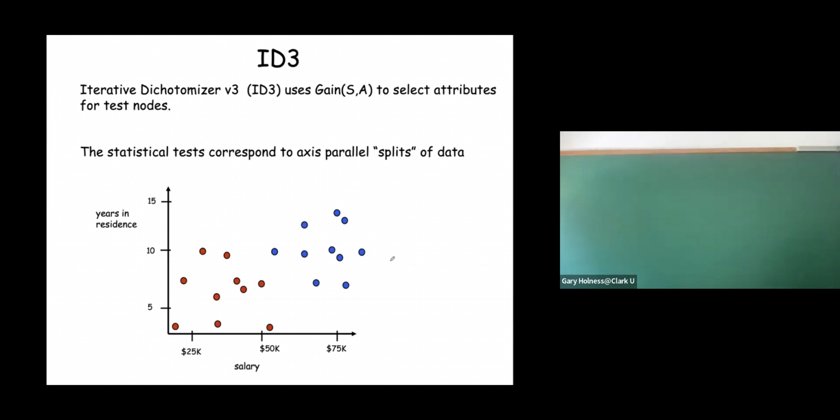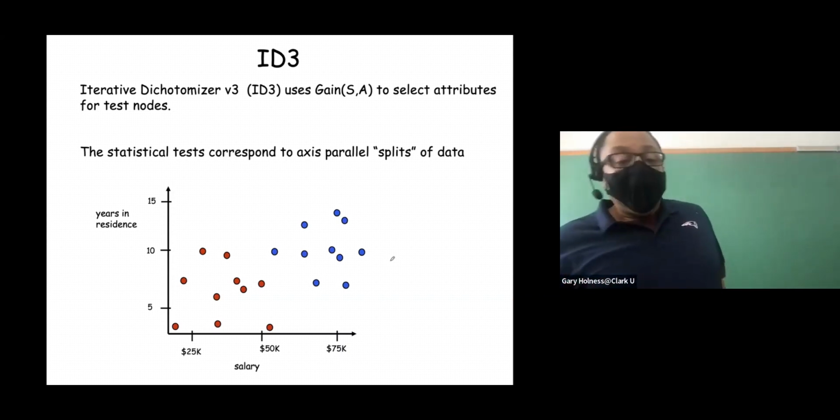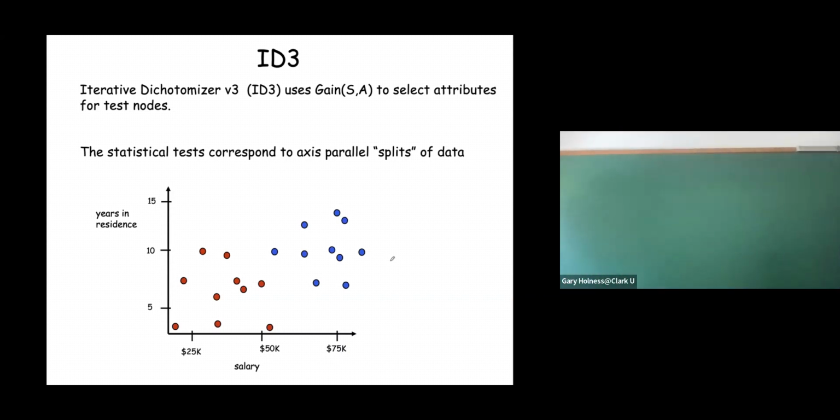We have annual salary on the horizontal axis, years in residence on the vertical axis, and it's basically forming what we call axis parallel splits. When you give a statistical test, your test is based on a particular value your variable takes on. What it's asking in the case of real valued is whether your data is less than or greater than or equal to this particular value.